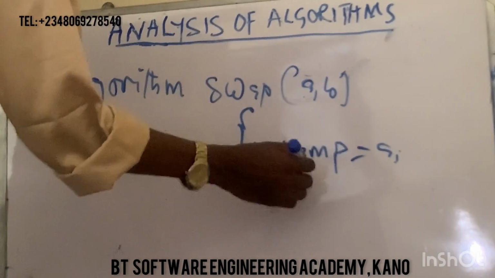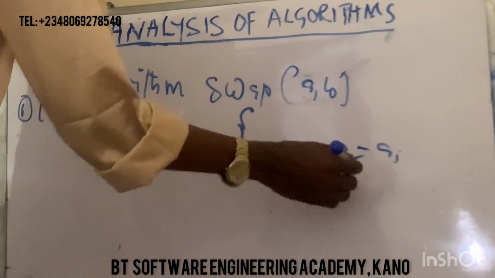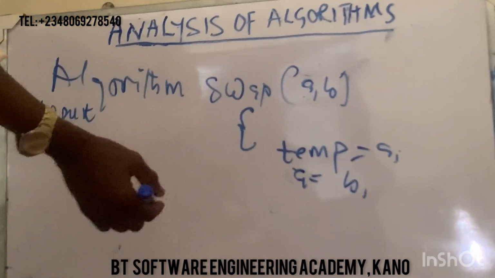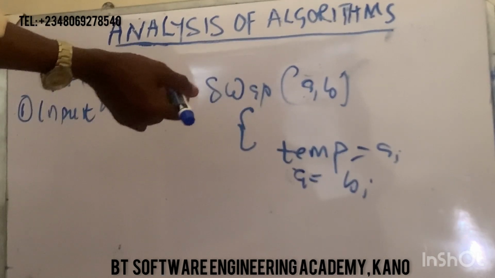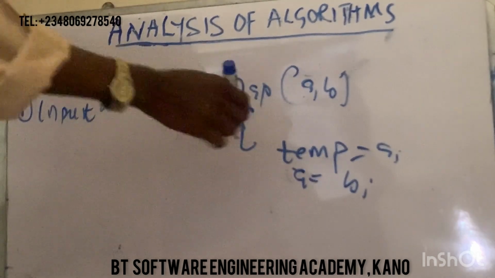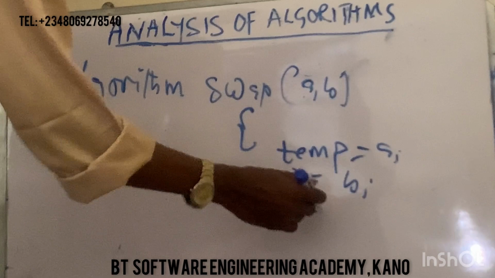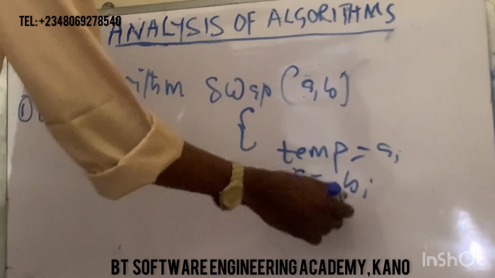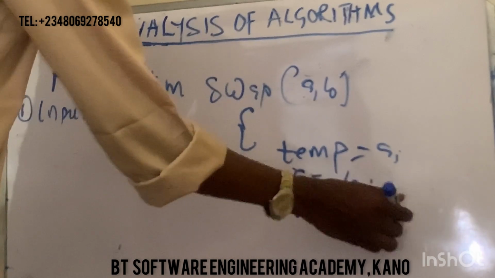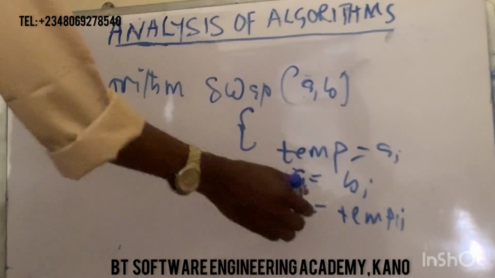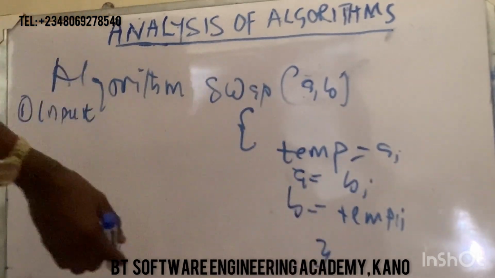Then I will say A equals B. I assign the value of B to A. I'm going to elaborate, don't be confused. Then I will say B equals temp. So this is the end of the instruction.